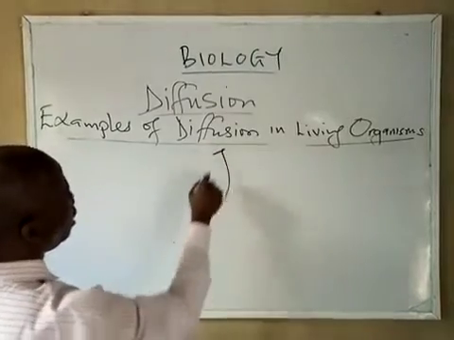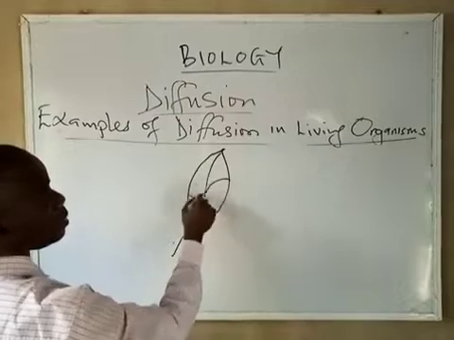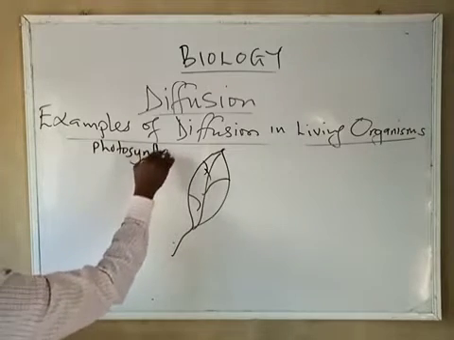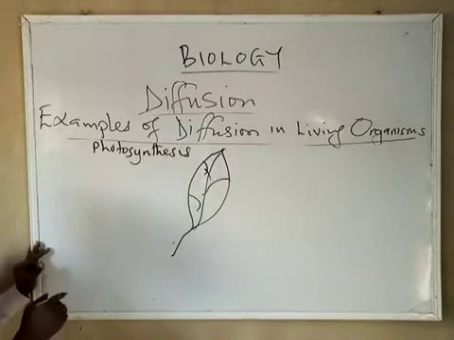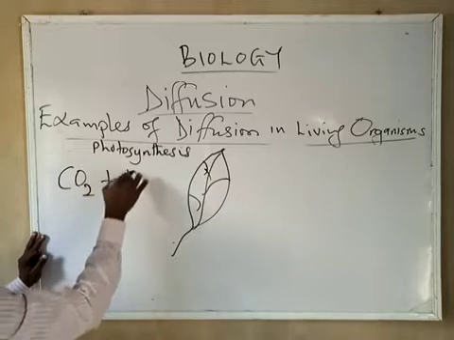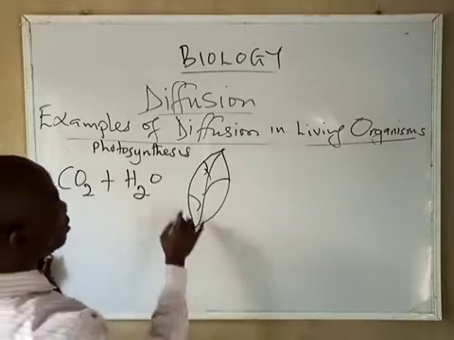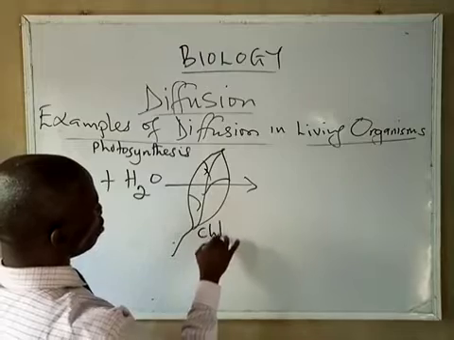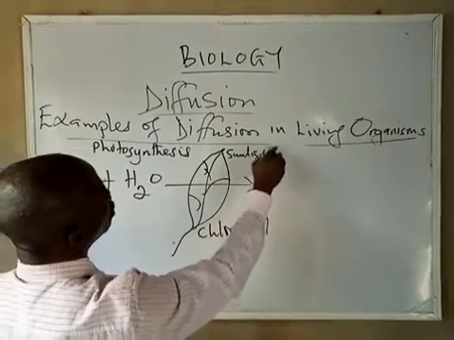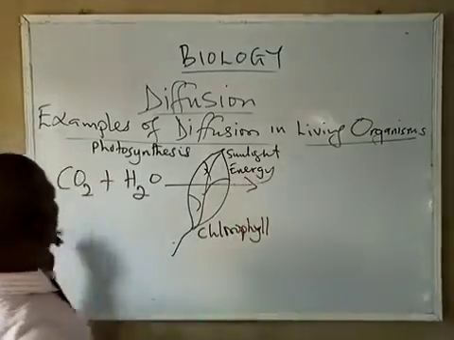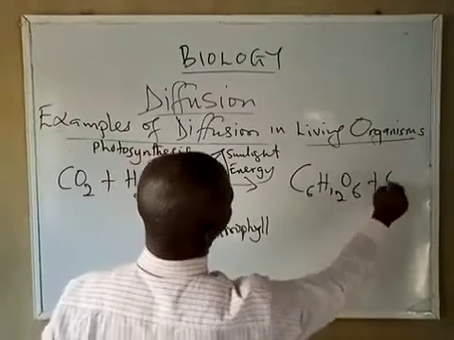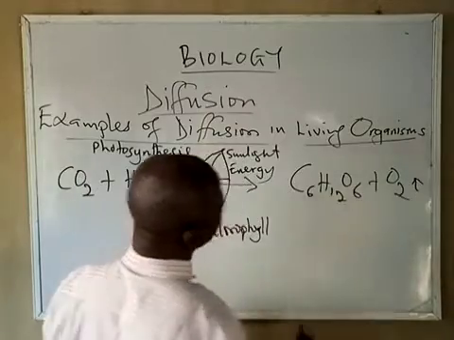Assuming that this is the leaf of a green plant, in photosynthesis, molecules of water and carbon dioxide combine together in the presence of chlorophyll of a green leaf and sunlight energy to give rise to the food, the carbohydrates that are needed by plants.